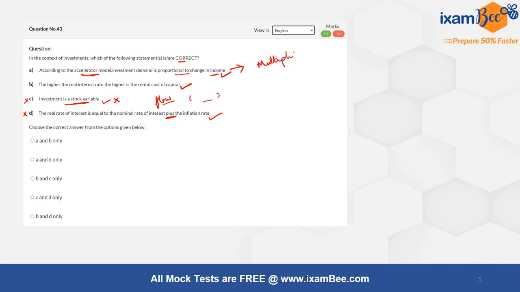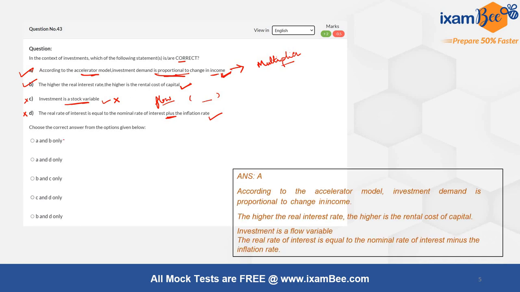The multiplier effect tells you that due to some change in your investments, by how much your income changes. But the accelerator tells you that because of changes in income, how much the investment demand would change. So statements A and B are right here. Answer is A and B only, option A.